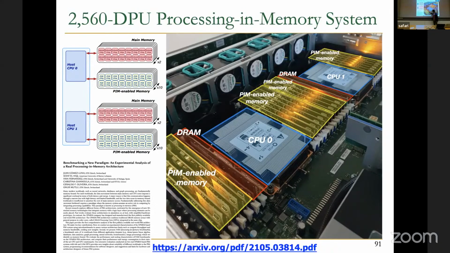And then we also have these PIM-enabled DIMMs, the UPMEM DIMMs themselves, that are represented here, right? So whenever we want to compute something using the PIM-enabled memory, the CPU will move data from the DRAM to the PIM-enabled memory, then we'll compute here for some time, and then we'll retrieve results from the PIM-enabled memory back to the DRAM, right? And that's how these systems work.